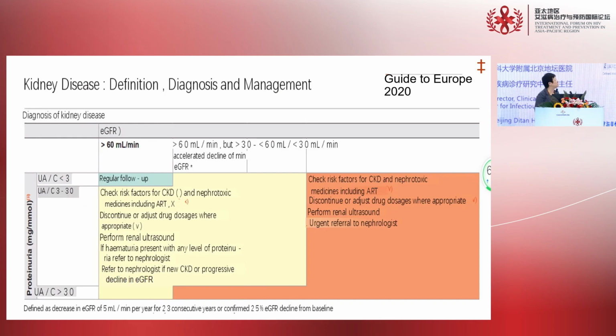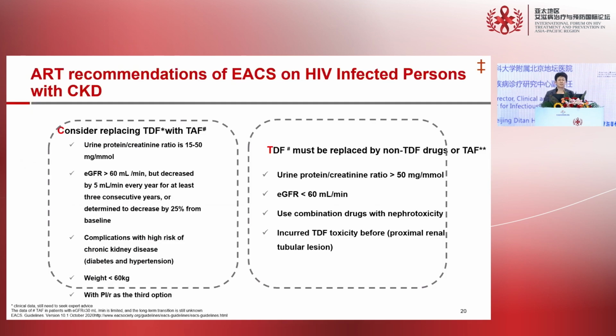Even though the eGFR is higher than 30, if the ratio between albumin and creatinine is not good, the renal function is already very poor. So these two parameters are very important: one is the eGFR, another is the albumin to creatinine ratio. Those new parameters are very sensitive for us to identify patients with a potential renal disorder.